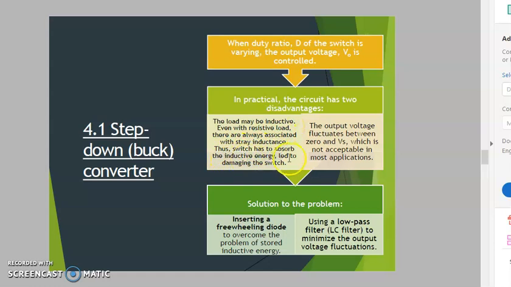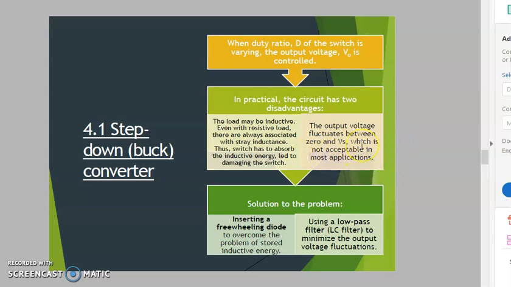So the switch itself has to absorb the inductive energy. It means we have a spike on the switch during switch on and off, especially with an inductive load. So the output voltage will also fluctuate between 0 and Vs. We have a spike.